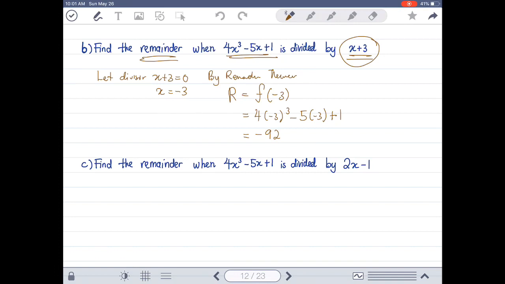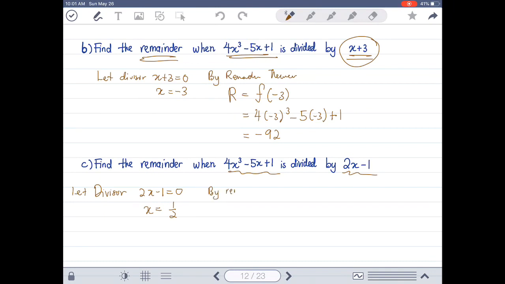Okay, one more example. Find the remainder when the same polynomial is divided by 2x minus 1. So the divisor, let 2x minus 1 equal 0, which means that x is just equal to 1 over 2.